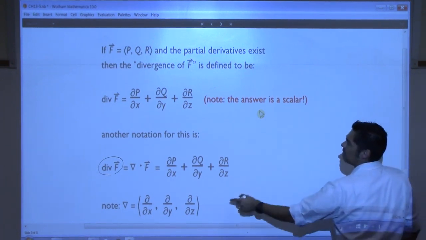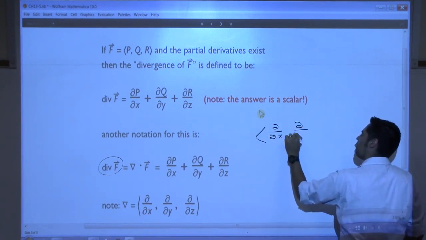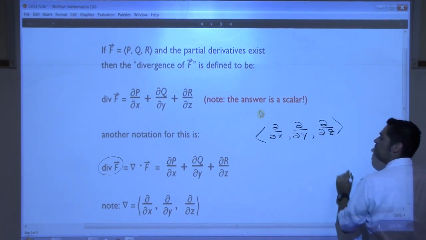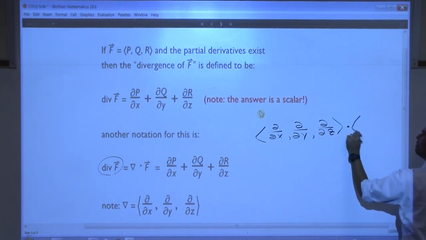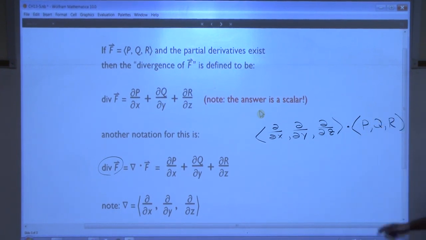So if I take, I don't think I have it written here, but this is del. Right? That's del. And this is f, P, Q, R. Then if I dot them, I do this and this together, right?